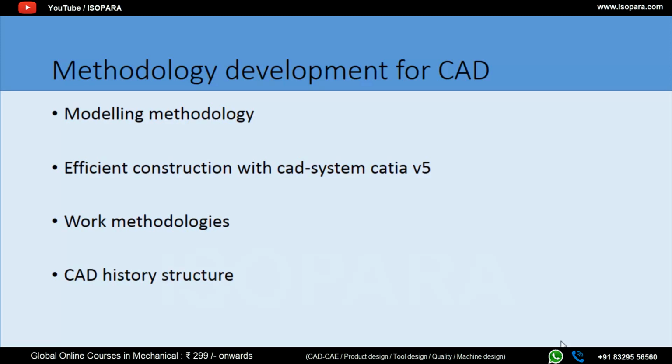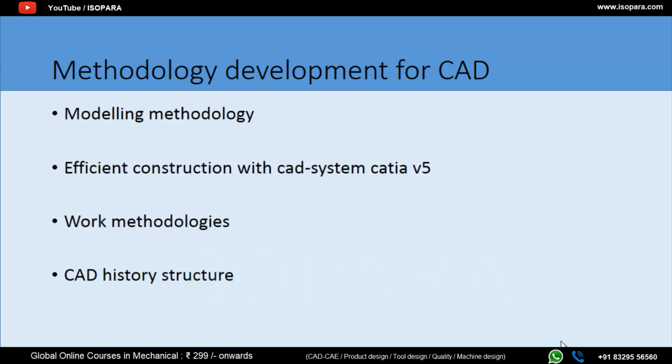Let's suppose I was working on a CAD model, like a dot trim model, for the last 5 months, and right now I want to change something which I worked on 3 months back. If I change something and my CAD history automatically updates, then this is a good CAD methodology and really good working skills.